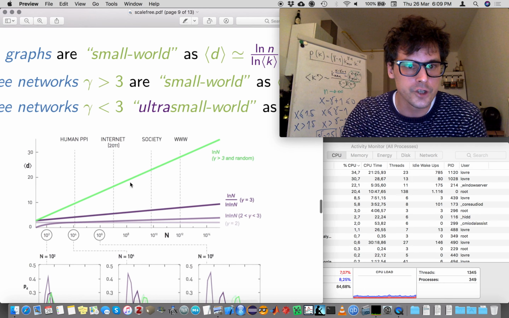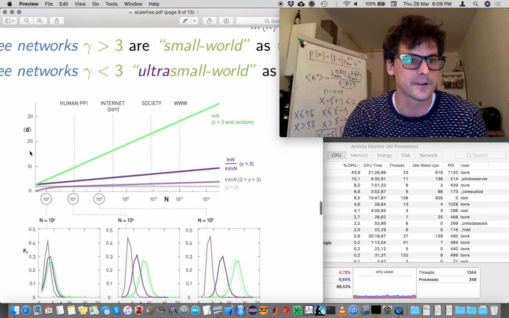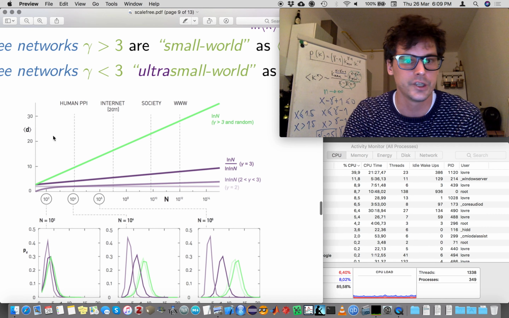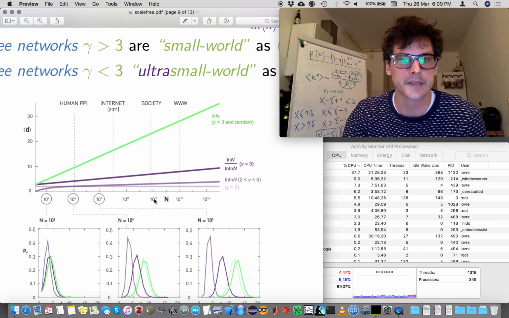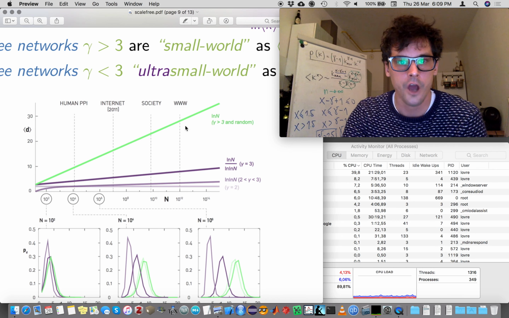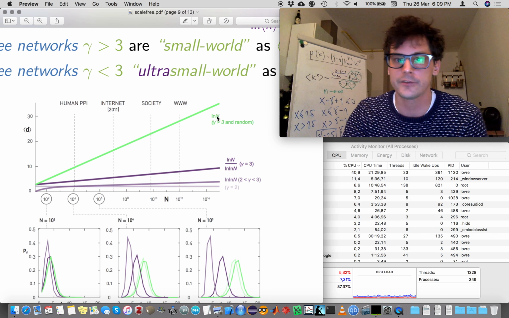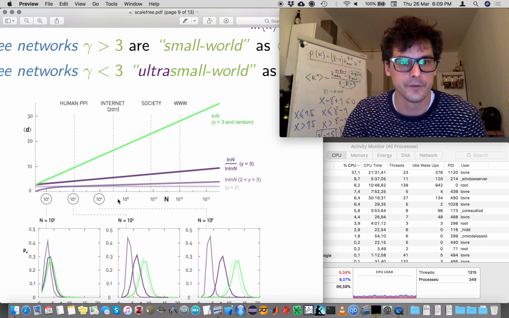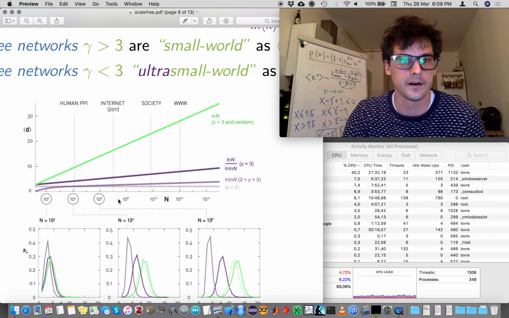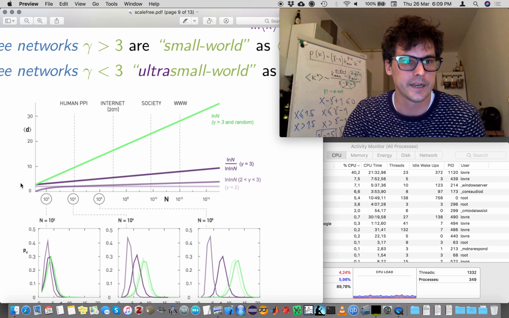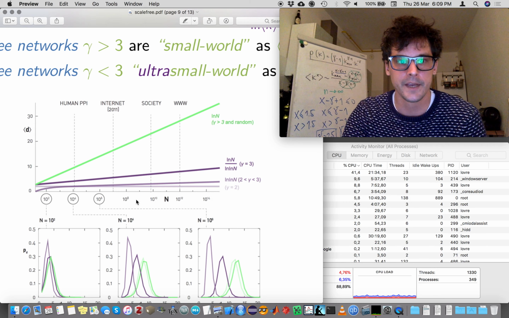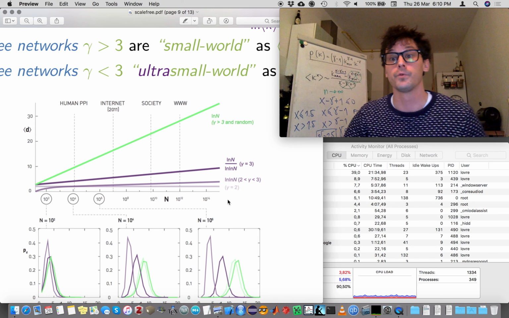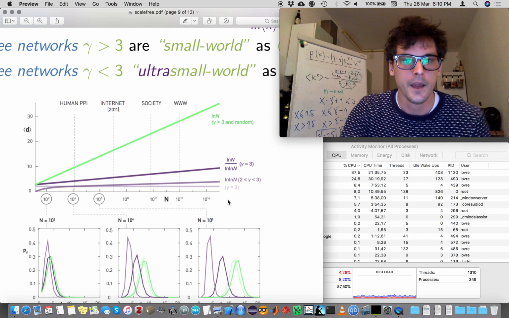And this plot is showing you these functions of average distance for different sizes of the network. So here is the scaling for a random graph, so log n. Notice that I'm using semi-logarithmic scales. So this scale is linear, this one is logarithmic, and in this case a logarithm will look like a straight line.